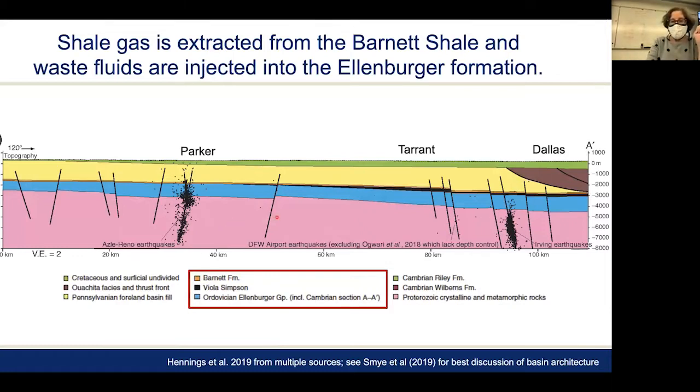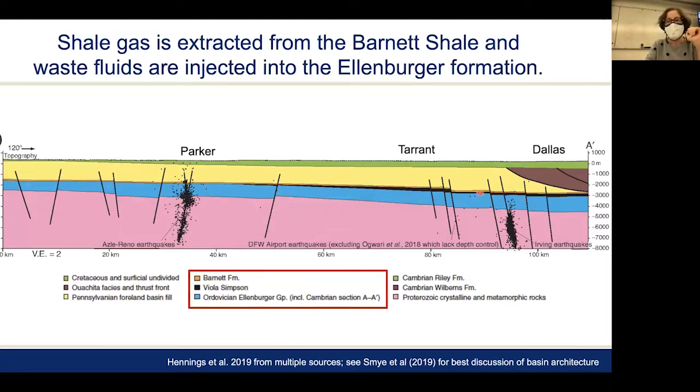So what I'm showing here is, again, the basic geology. The pink is just the Proterozoic crystalline basement. The blue is our Ordovician dolomitic limestone unit. It's heavily karsted in some areas, not so much in others. It's about 1 kilometer thick, and this serves as the primary disposal unit for the wastewater that we're interested in this talk. And then this very narrow orange color that is almost impossible to see on this figure is actually the Barnett Shale.